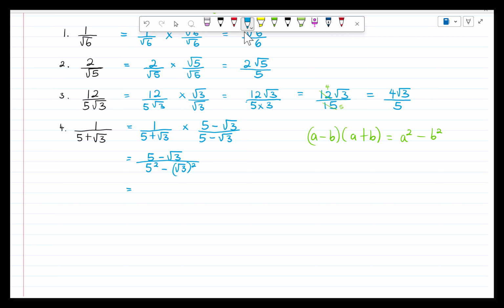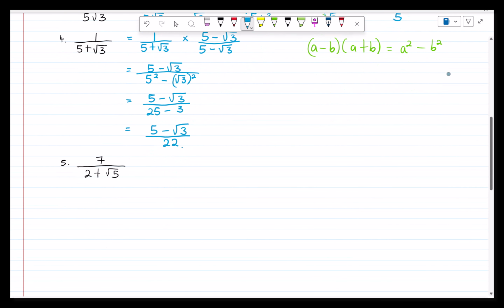And then we get 5 minus root 3 divided by 5 squared is 25 minus root 3 squared gives us 3. So we then get 5 minus root 3 all over 25 minus 3 gives us 22. So there you have it. We have rationalized this one and we have used rule number 2.